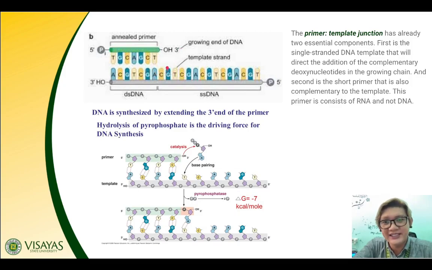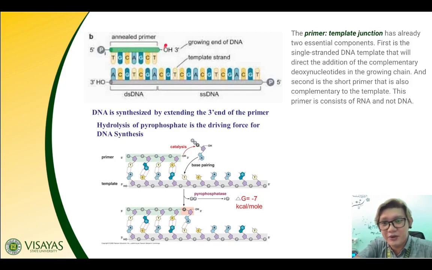For example, here the C, so the complementary base G should be added. And the second is a short primer that is also complementary to the template.